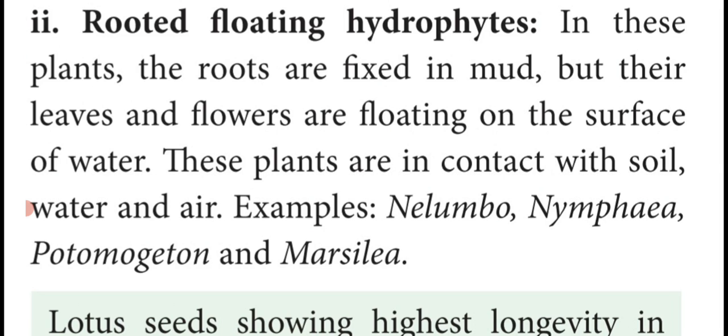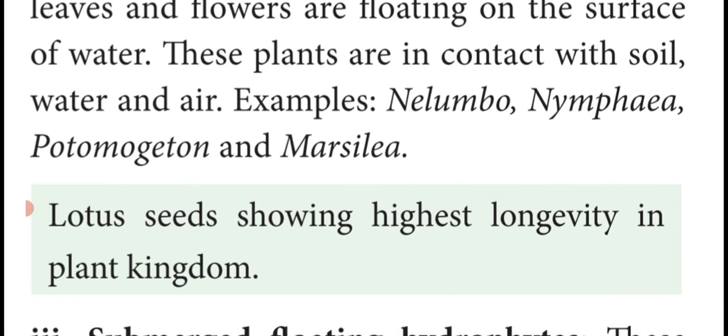But in the second type, they are in contact with water, air and soil. Examples, Nelumbo and Nymphaea. So Nelumbo means lotus, Nymphaea means lily, alli chedi. Then Potamogeton and Marsilea. These are examples of rooted floating hydrophytes.